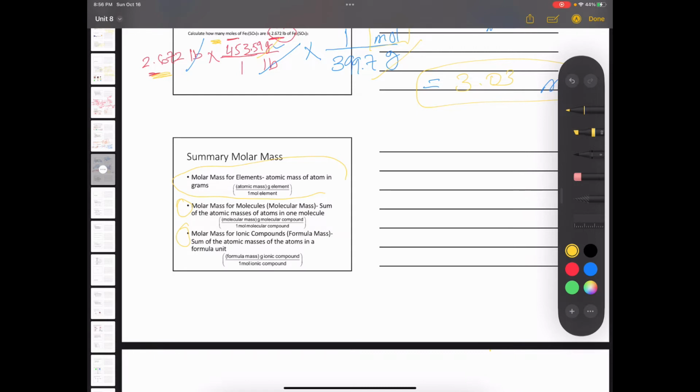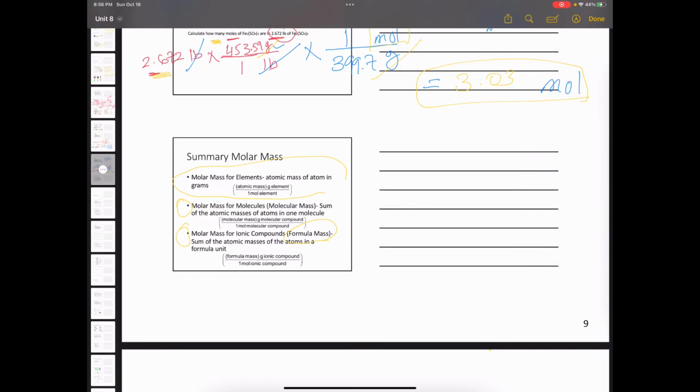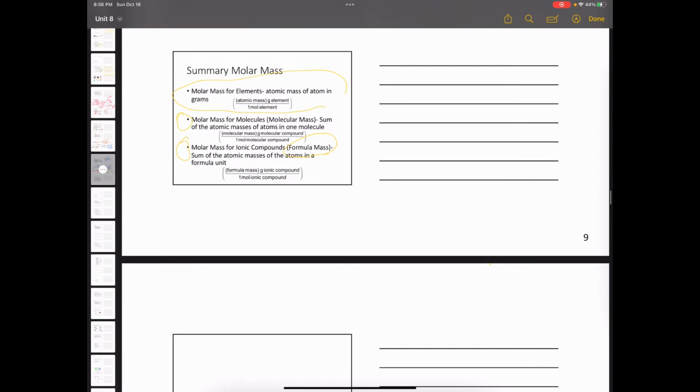We calculate the same thing for an ionic compound, and we call that a formula mass, but it's essentially the same concept, which is adding all the atomic masses of all the elements that are part of that chemical formula. The thing that you need to always keep in mind is the subscript in the chemical formula.